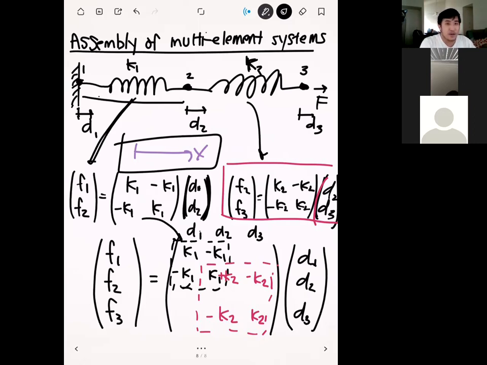I know all the conventions and signs are a little bit confusing, but once we put it all together and solve a problem, hopefully it makes more sense.